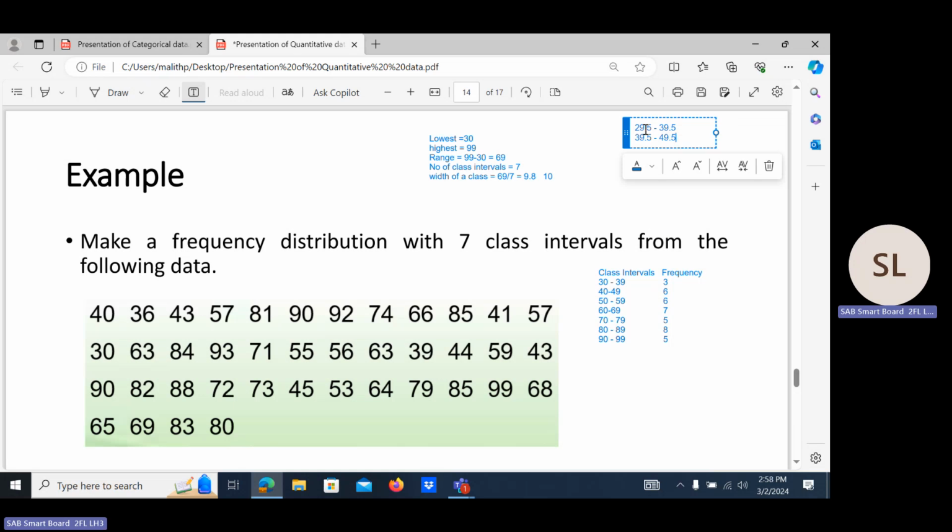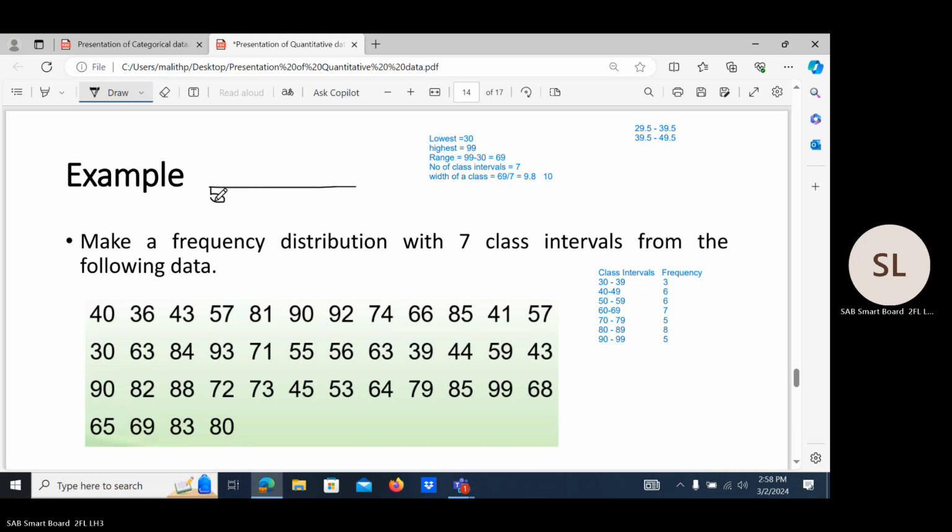We draw the horizontal axis normally starting from 0, then 29.5, then 39.5. There is a large gap, so we draw the false line. Understood? In that situation, we draw the false line.